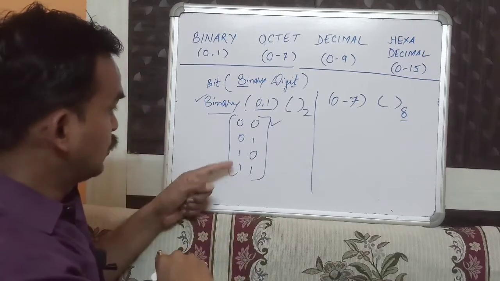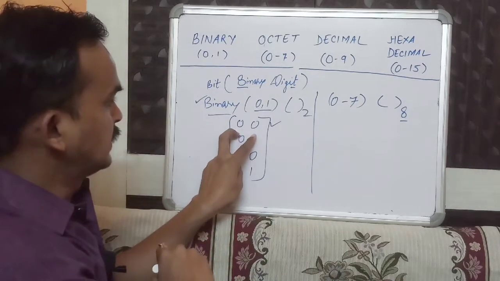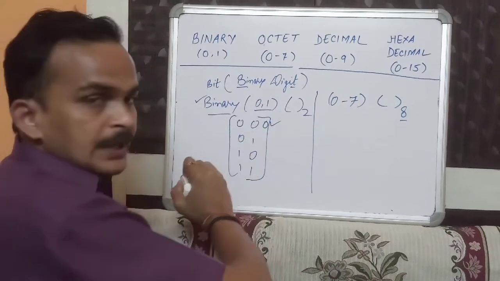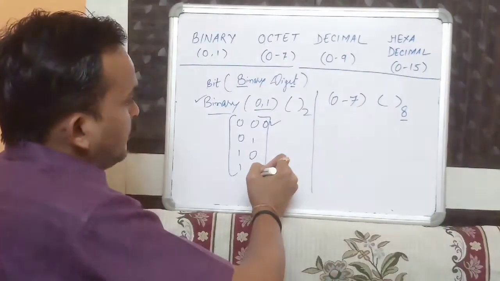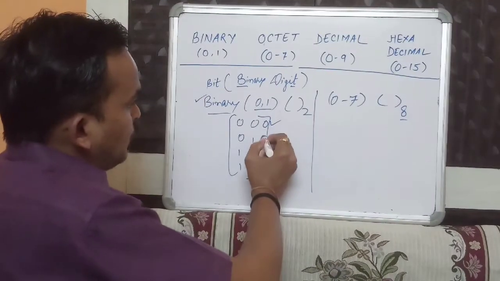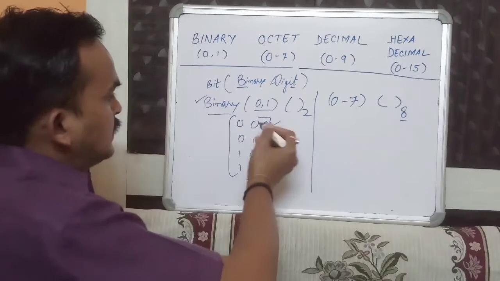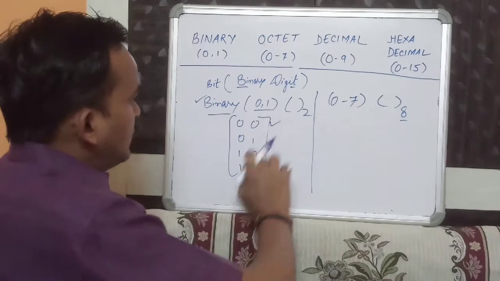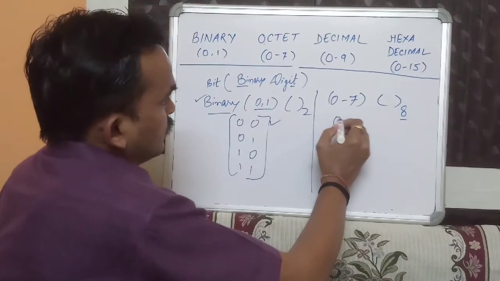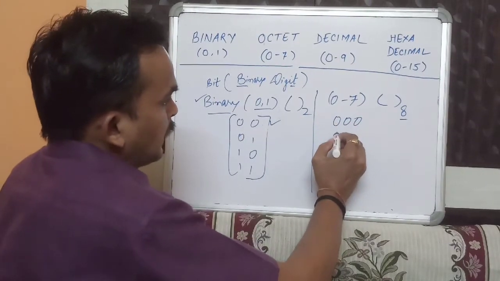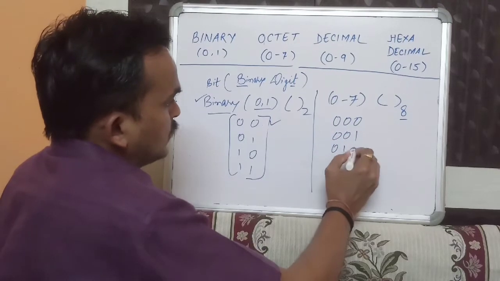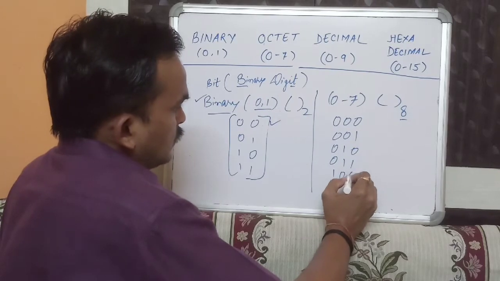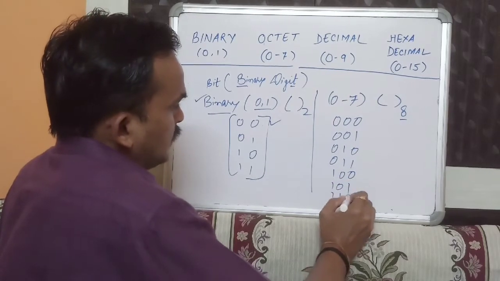The possible combination of 0 and 1 in 3 digits: after completing one set, we increase the leading digit and again make the combination of 0 and 1. So if we write it here, that is 0 0 0, 0 0 1, 0 1 0, 0 1 1, 1 0 0, 1 0 1, 1 1 0.